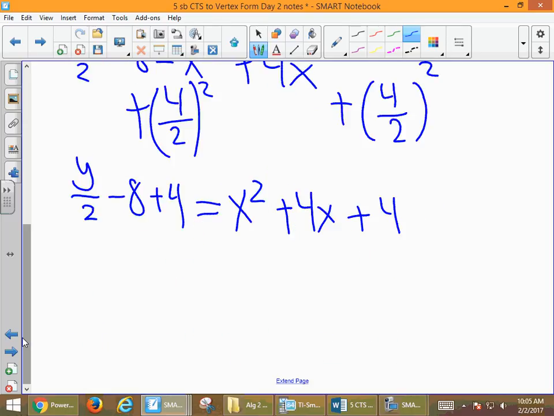And now we can clean this up a little bit, and we can add our constants together on our left side. So we have y over 2, and then negative 8 plus 4. What will that give us? Jordan? Negative 4. And then we have our perfect square trinomial on our right side.